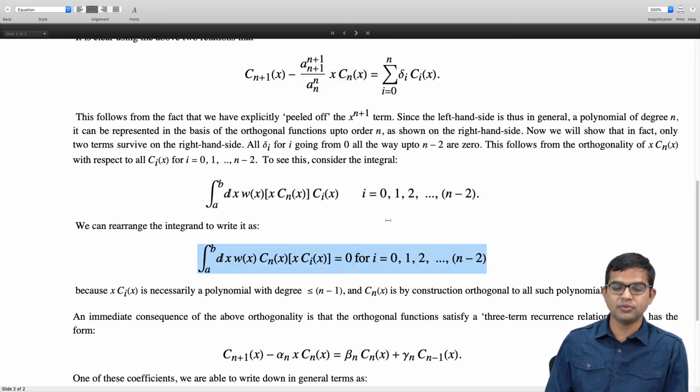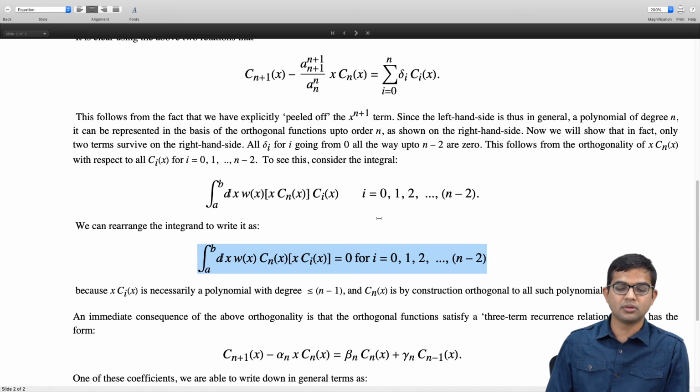So immediately we have this result: Cn plus 1 of x minus some coefficient alpha n x Cn of x is equal to beta n Cn of x plus some other coefficient gamma n Cn minus 1 of x. So both these coefficients beta n and gamma n are to be determined, and alpha n in fact we already have.